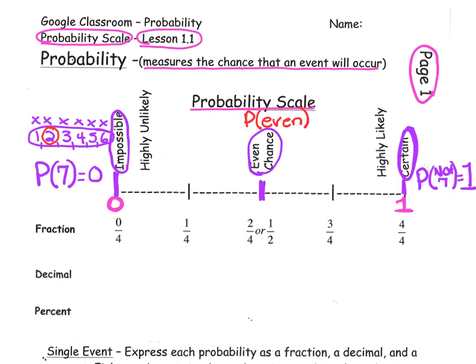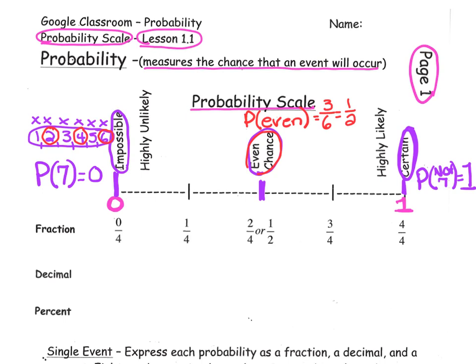You could get a 2, a 4, or a 6 on a single roll and be a winner. You have a 3 out of 6 chance, which reduces to 1/2. That particular event, rolling an even, has a 50-50 chance of occurring.